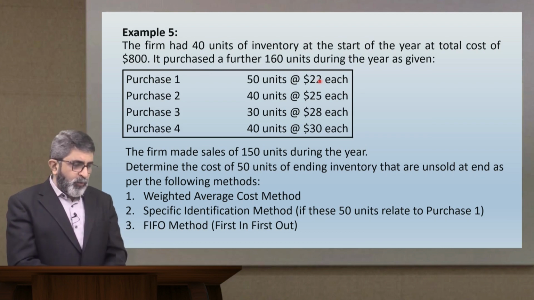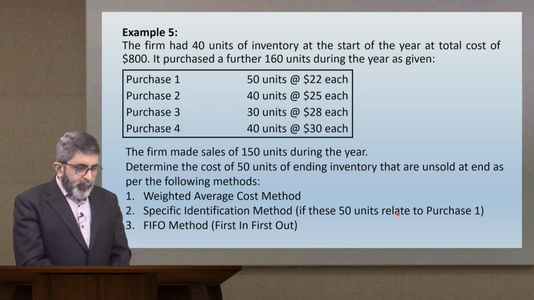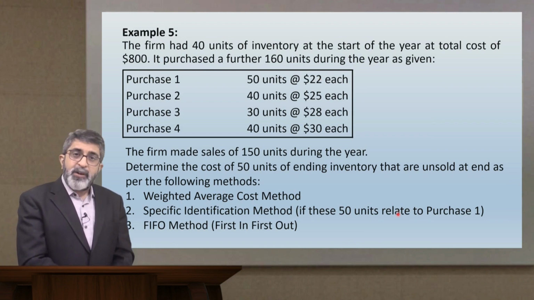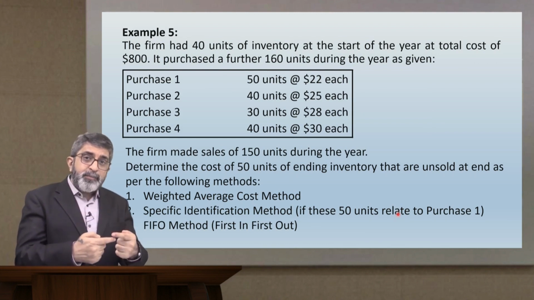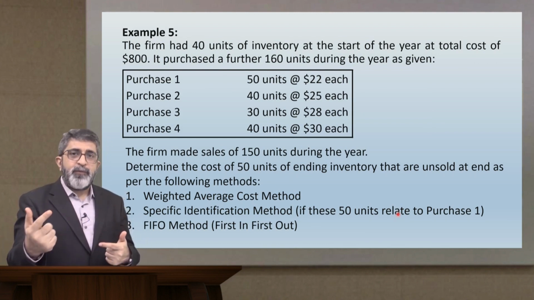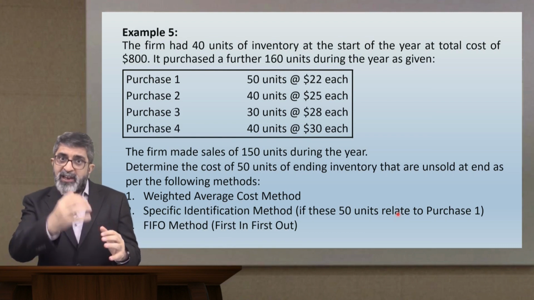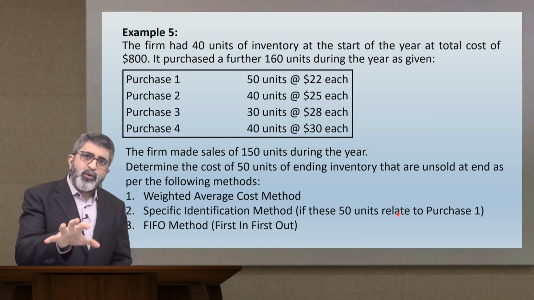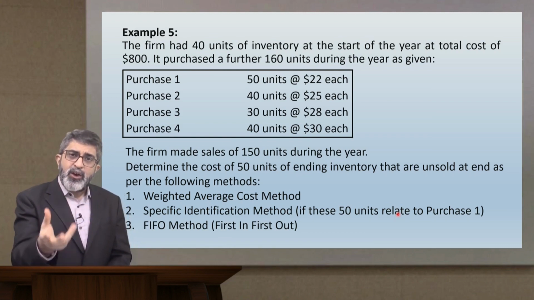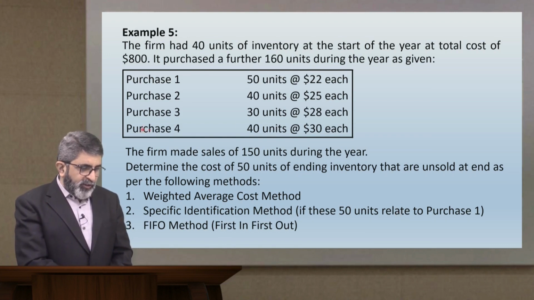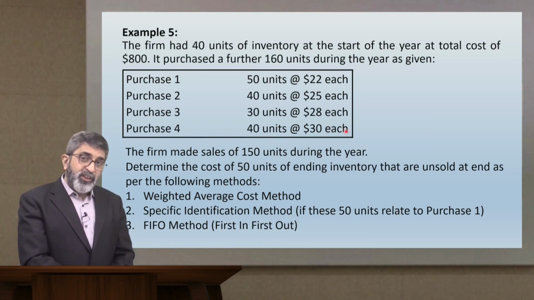FIFO method you have already learnt. So under the FIFO method, what will happen? What has been purchased first will be sold first. So what remains is out of the later purchases. So the 50 units of unsold inventory by the end of the year will be out of the later purchases. We start with purchase 4, but that was only 40 units.